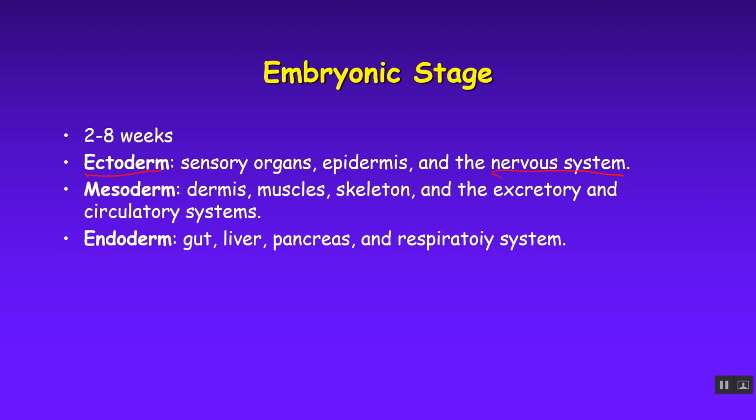All of your actual neurons, peripheral and central, and sensory organs all come from the ectoderm. Your mesoderm becomes the dermis, muscles, skeleton, and excretory and circulatory systems. Your dermis and muscles are innervated by neurons that come from the ectoderm. And the endoderm becomes your gut, liver, pancreas, and respiratory system.